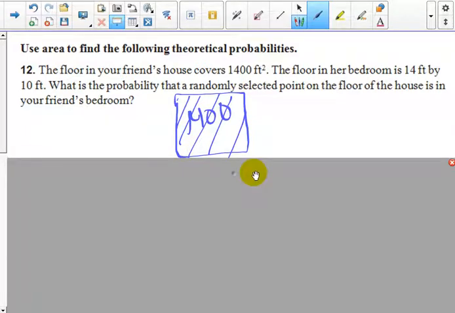The floor in her bedroom is 14 by 10. That makes it 14 times 10, which is 140. So 140 square feet. What is the probability that a randomly selected point on the floor in the house is in your friend's bedroom?